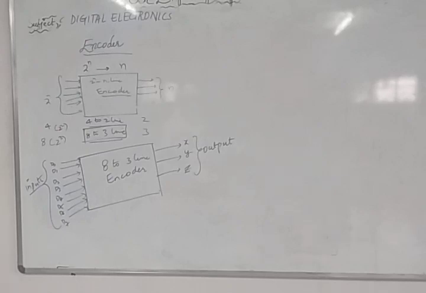It is considered a digital circuit that performs the inverse operation of a decoder. So we are going to write how the input is converted by the 8 to 3 line encoder. That is what we are going to write down.